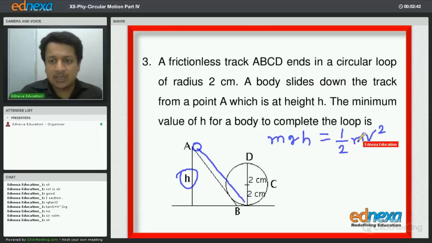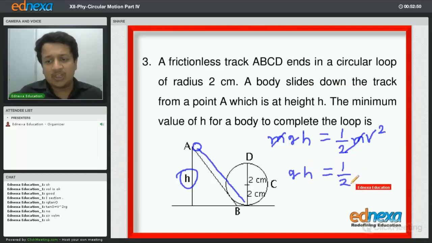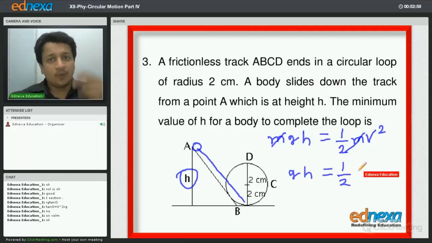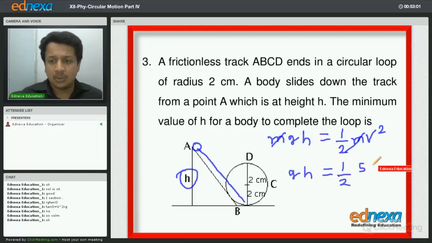First of all, m will get cancelled, gh equals half v square. At the bottommost point, what is the value of velocity? Yes, at the bottommost point it is root 5 rg, no? So root 5 rg square, it is only 5 rg. So g will get cancelled.